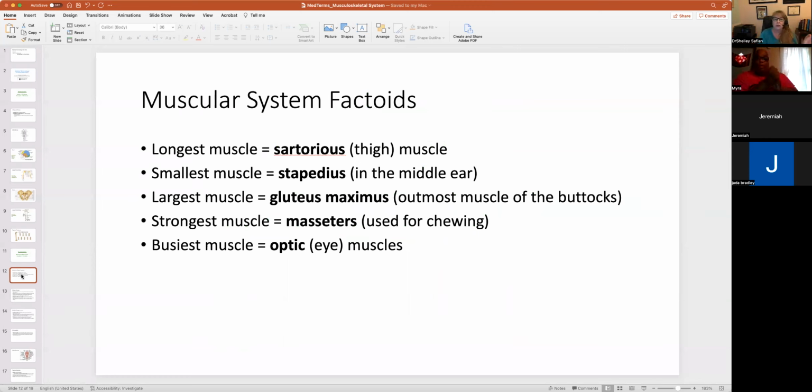The longest muscle in the human body is the sartorius muscle, which is the thigh muscle that helps the femur function. So that makes sense, right? This is the biggest bone, and it has the longest muscle.